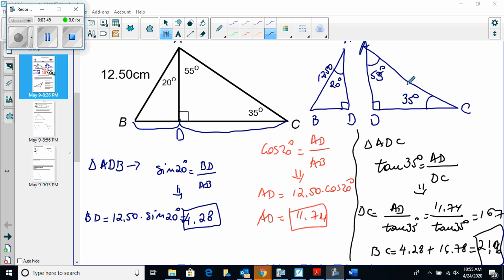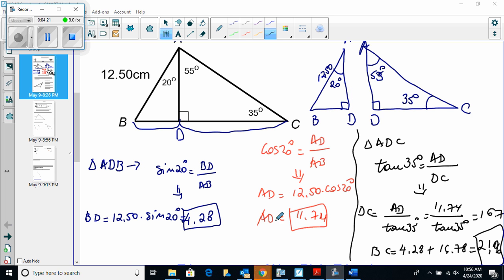But when we move to the other triangle, we have nothing besides the two angles. So we have to find one of the sides in order to use the trig ratio, sine, cosine, or tangent. The only thing that connects the two triangles is the length of the line segment AD.